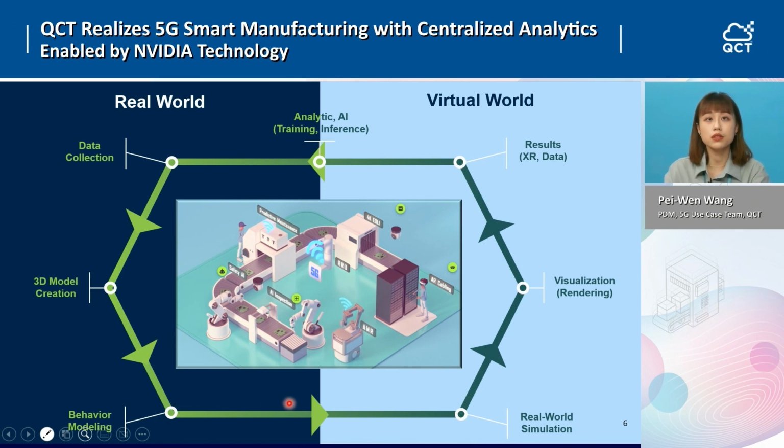And then real-world simulation and visualization, which make the virtual item look like real. So we will get the simulation result. All the data can be used for AI training. Then we will get more data. It creates a data circle between the real world and virtual world, helping achieving digital transformation.